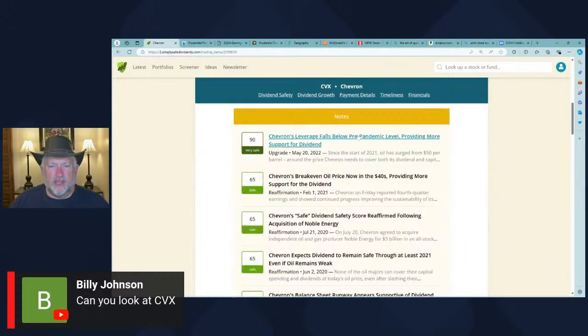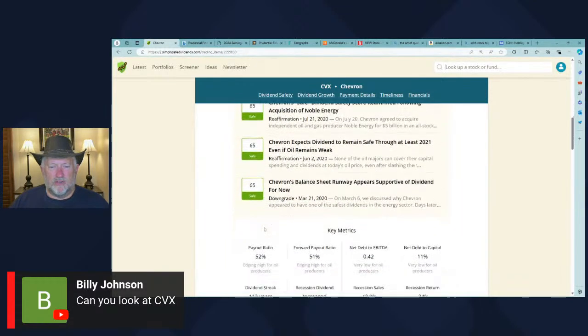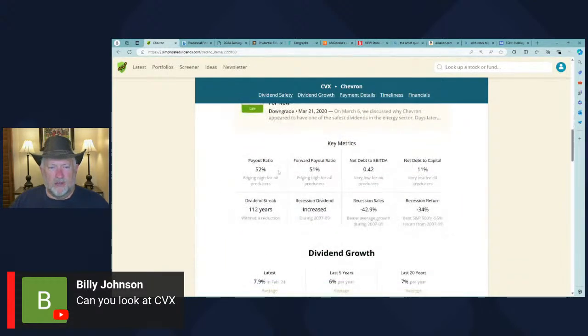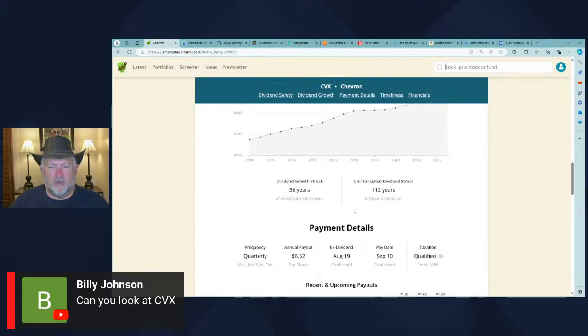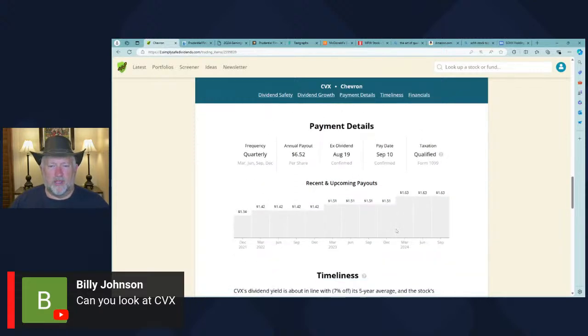They've got a 90 very safe dividend rating. Back in 21, they were at a 65, so it wasn't as good. Payout ratio is around 50%. Got a 6% 5-year and an 8% latest dividend raise. 36 years of dividend growth and 112 years of dividends being paid.